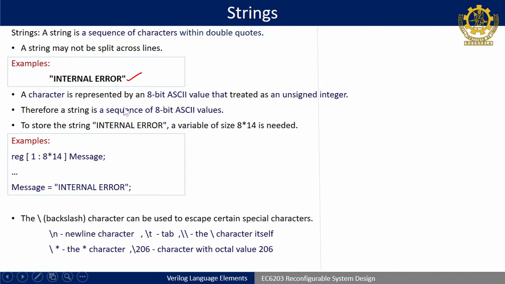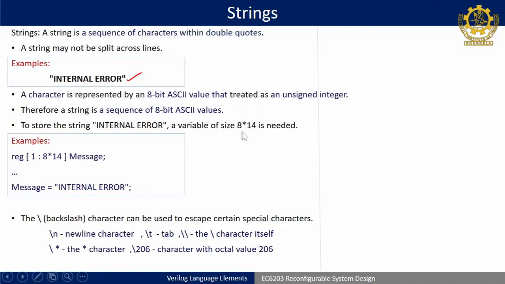That means a string is a sequence of 8-bit ASCII values. If I is there, the corresponding hex value for I will be stored. For example, ASCII for 1 is 31. So, to store the internal error, a variable of size 8 cross 14 is needed.